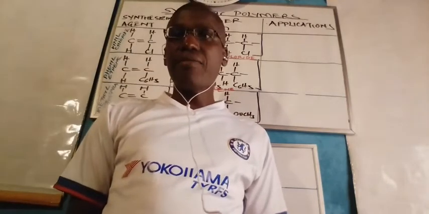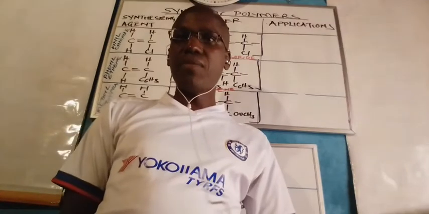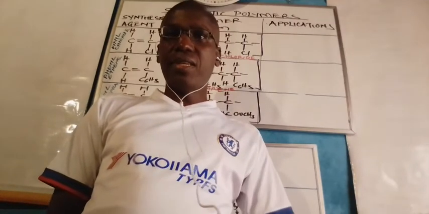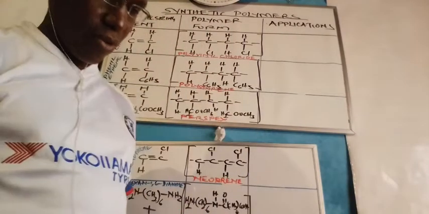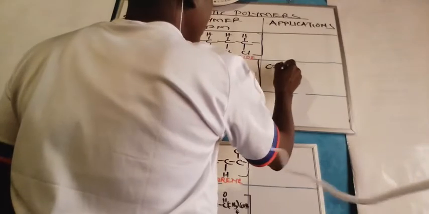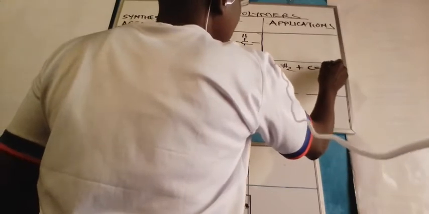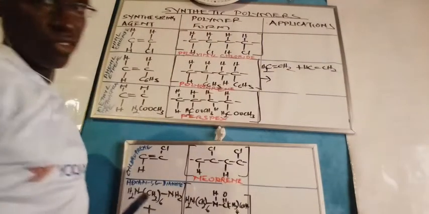A synthetic polymer is simply a fabricated agent from organic matter through what is referred to as addition polymerization processes. To enable us go through this, I'm going to look at a typical example where we may take ethene, and ethene being unsaturated may combine with another ethene through addition polymerization.